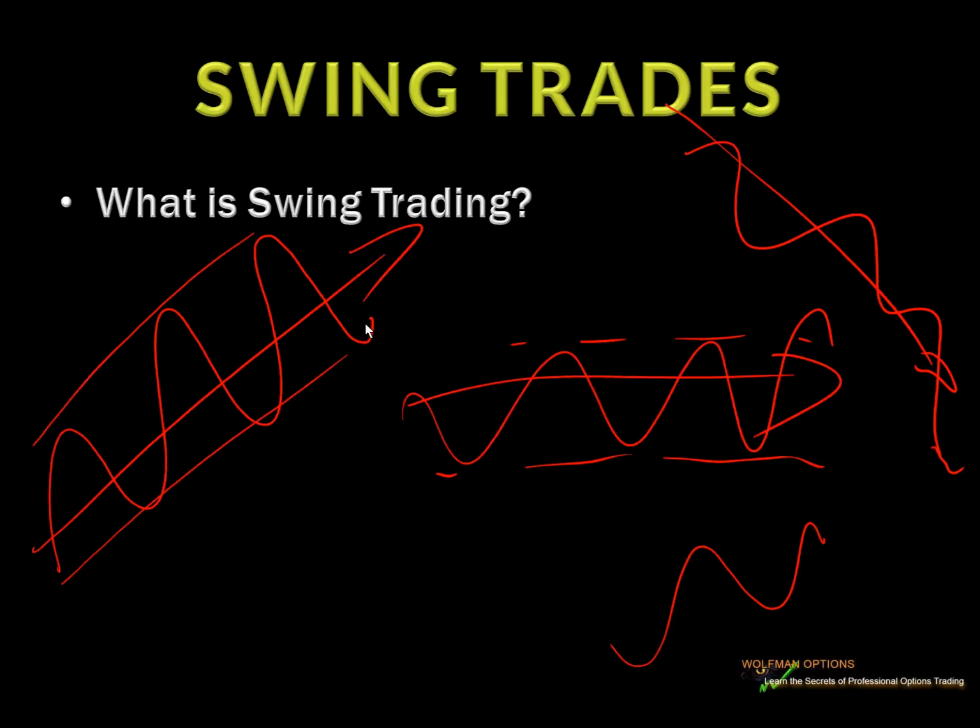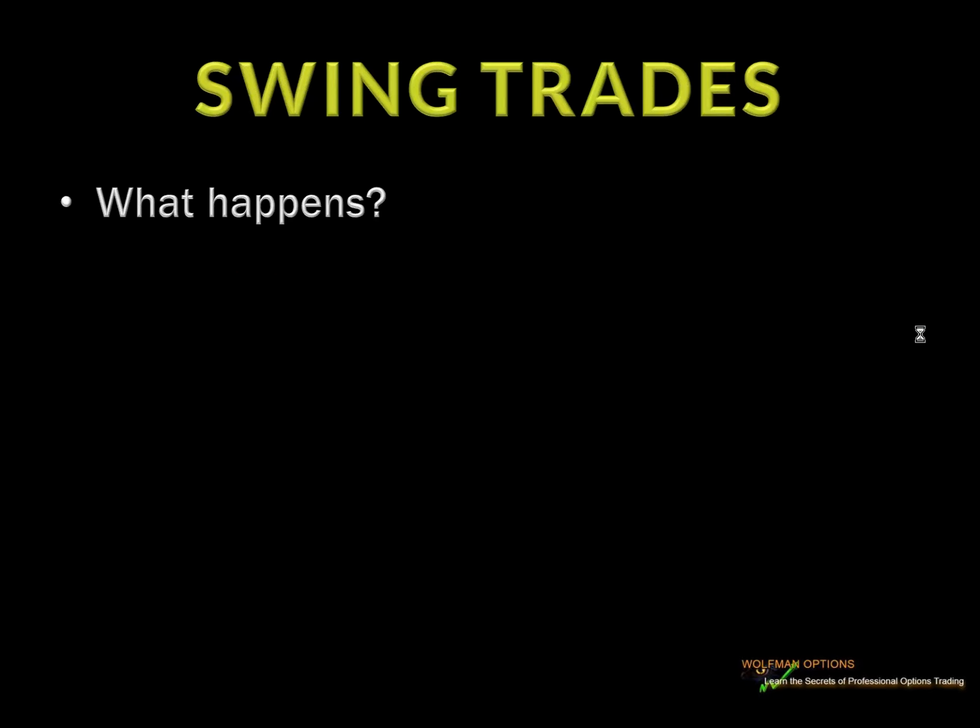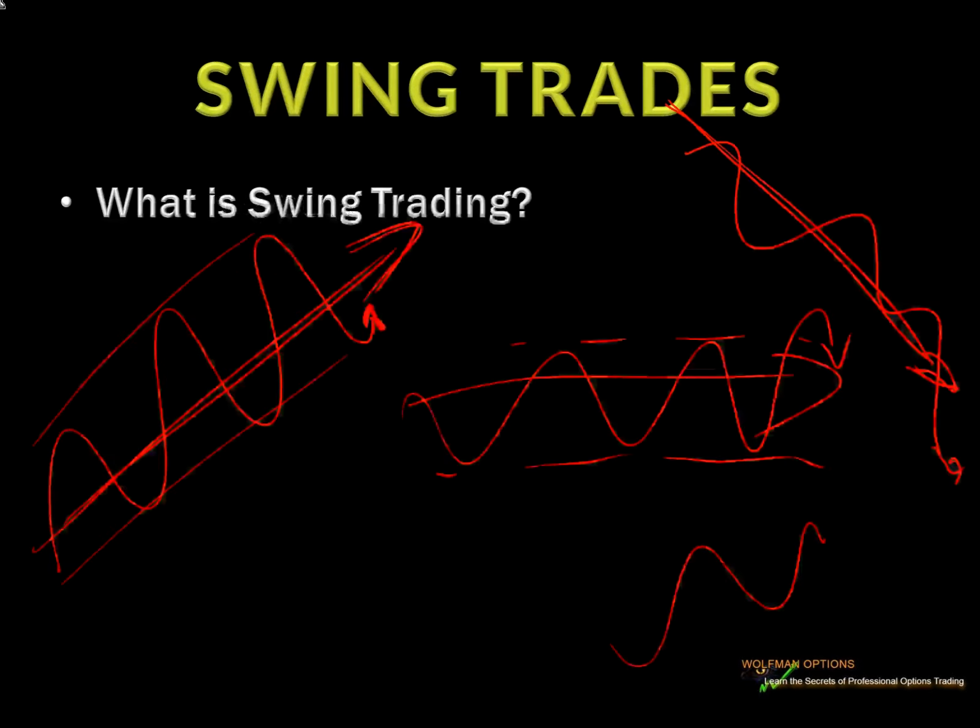And then finally, you want to find what the pattern is within the overall trend, okay? We can see that on this bullish trend here, we have a bullish pattern within that trend. We have a bearish trend here, and then inside of that trend, we have a bullish pattern kind of coming in here, right?